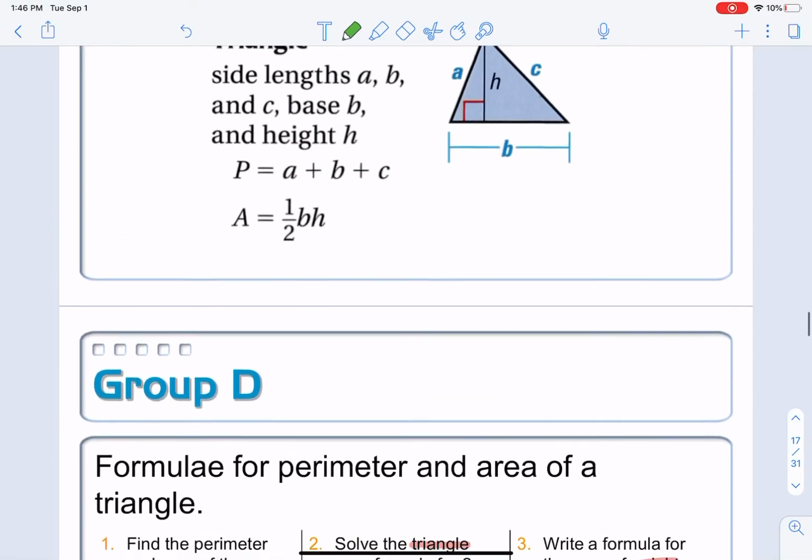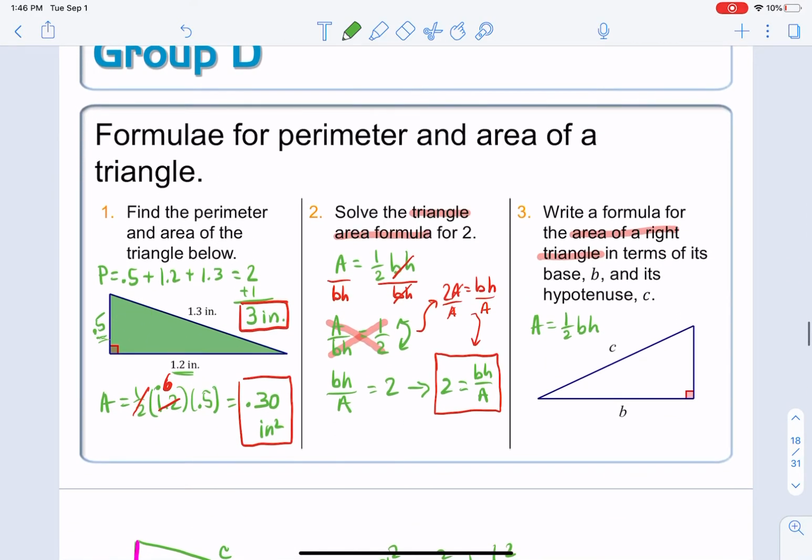That's the same formula we have right there, 1/2 base times height. In terms of its base B and its hypotenuse C. So we're seeing this terminology again, in terms of. That means that over on the right-hand side, it basically is the information, the variables, the side lengths that you need to know in order to compute the area.